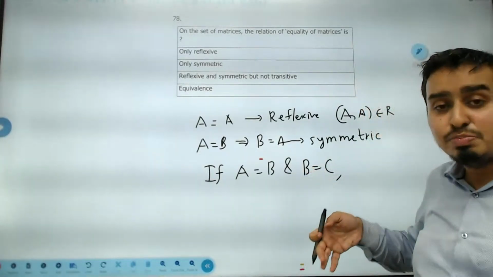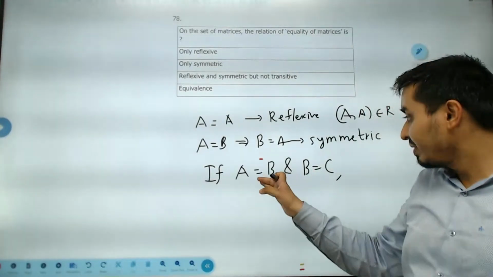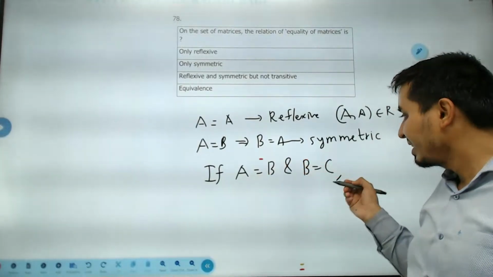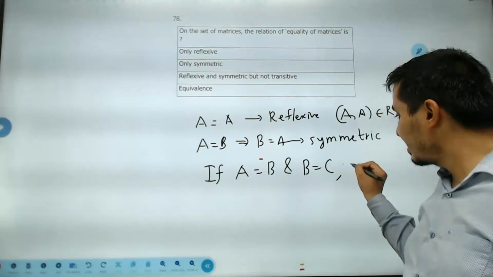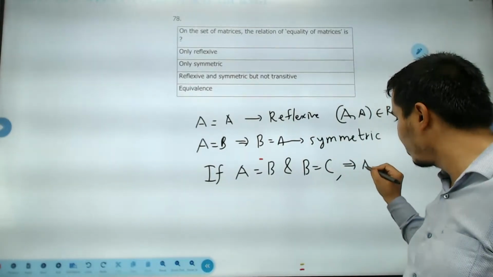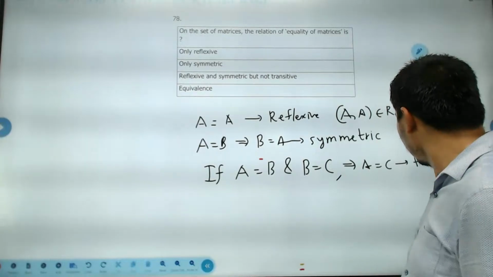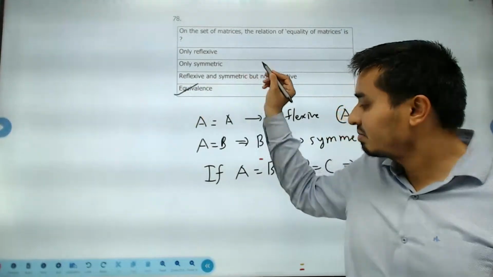And when you say B is equal to C, again it means B and C are identical. So if A is identical to B and B is identical to C, A has to be identical to C, right? And anyway, two things equal to the same thing are equal to each other. So yeah, in this case, A will also be equal to C, so it is transitive, which means it has to be an equivalence relation.